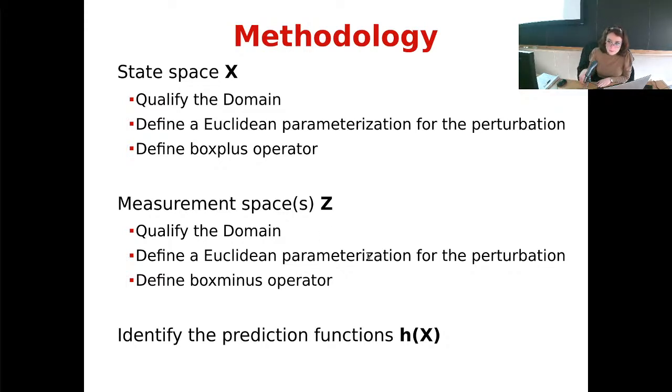When we are done with this, we can identify the prediction function. The prediction function is the function which allows us to predict the measurement given the current estimate of the state.